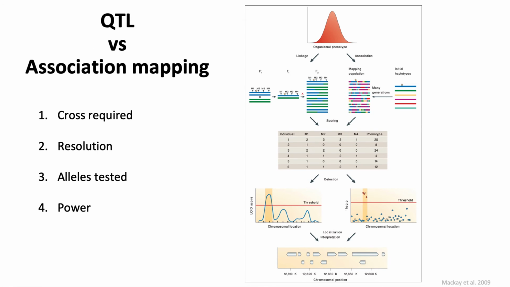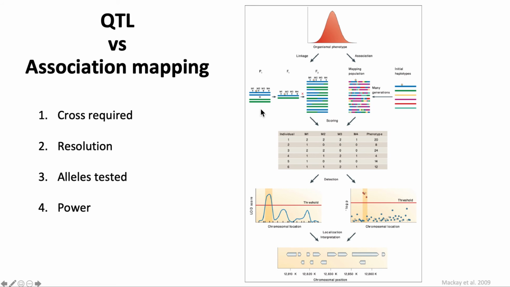But the power is higher in the biparental population, and that makes sense because, as I mentioned in the previous video, one of the most important steps is to select two parents that are contrasting in the trait that you are interested in.